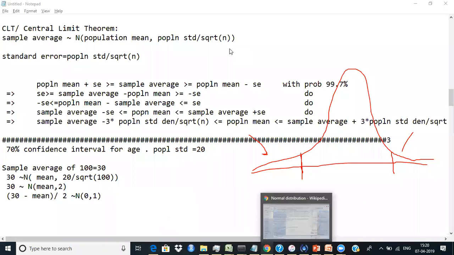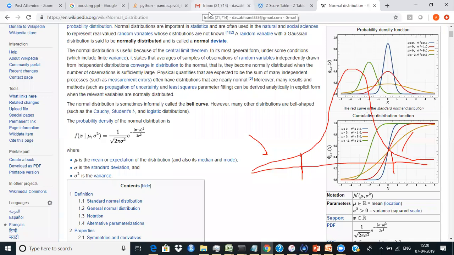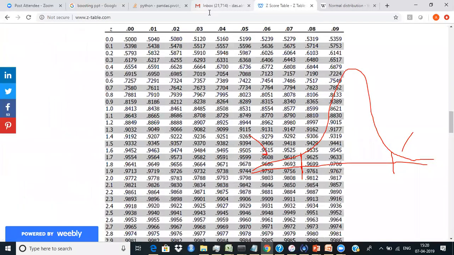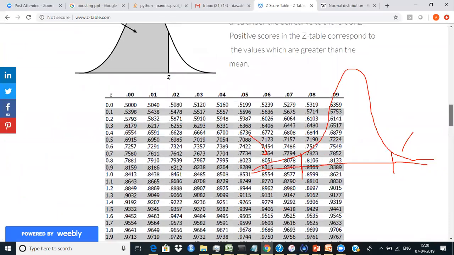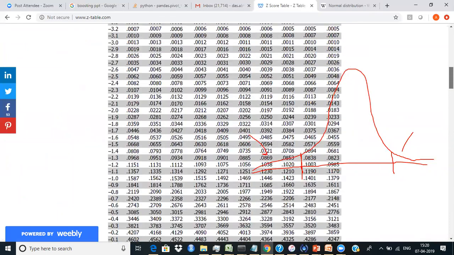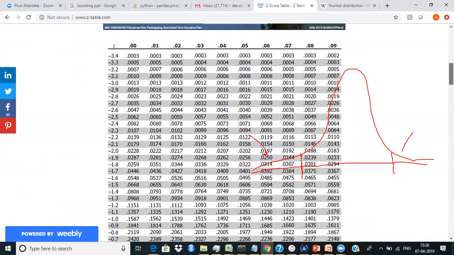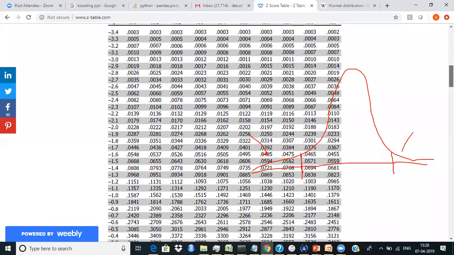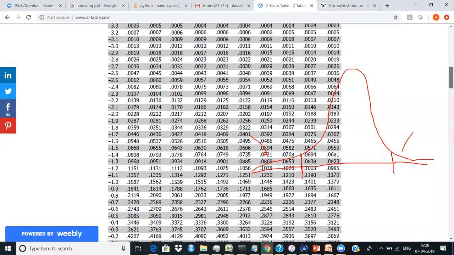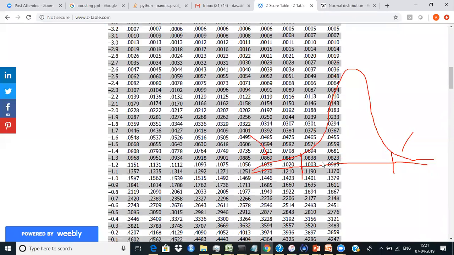Let's see. Where is the Z table? This is the Z table, right? So I'm looking for a point so that to the left-hand side, the area is around 15%. Do you see a point? Where do you see 0.15? Here 0.1492. Okay, so this is how much?